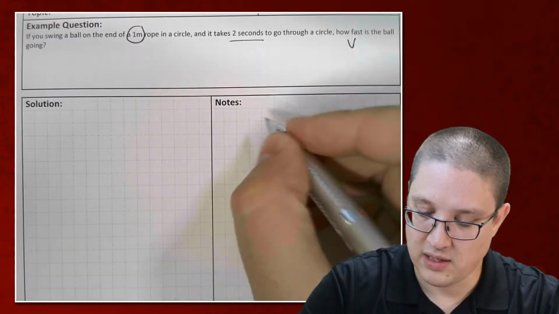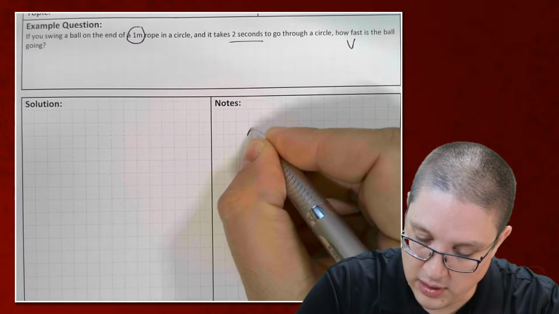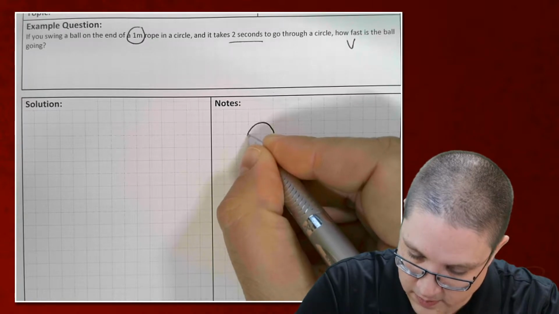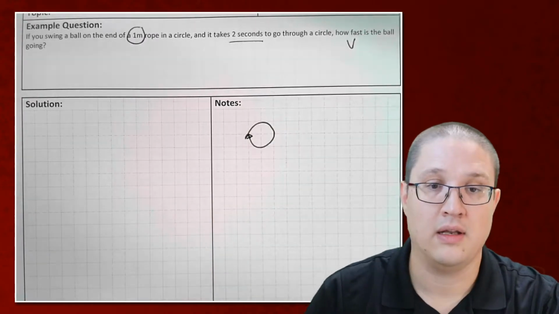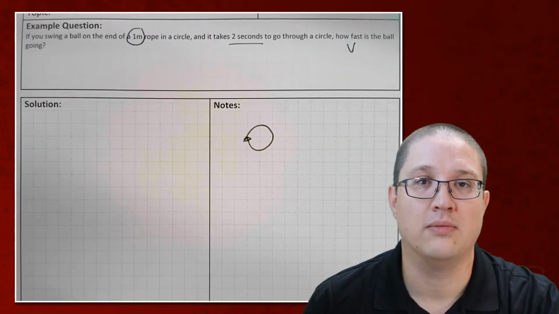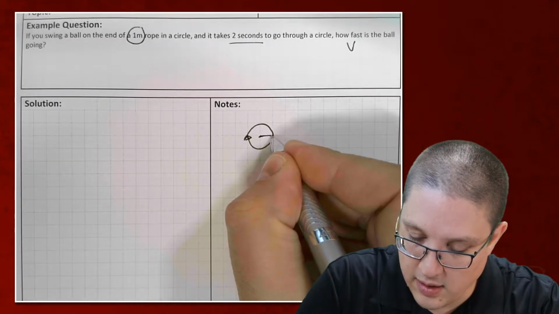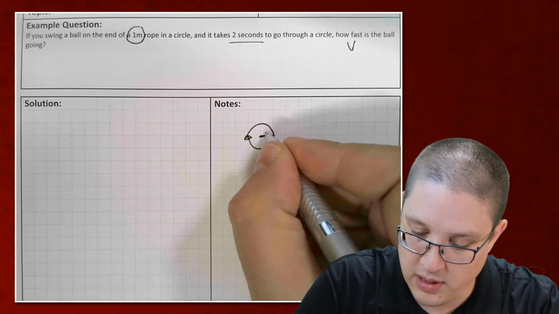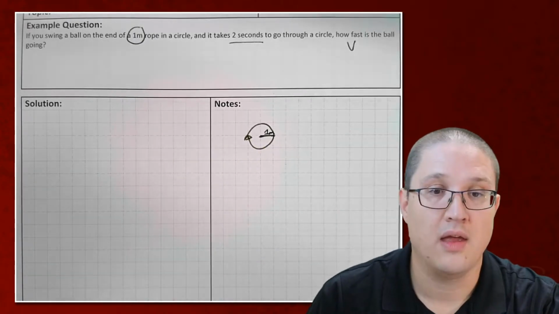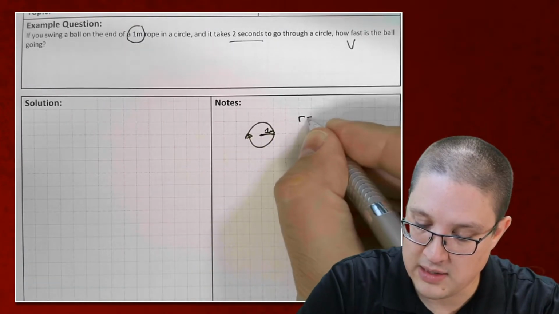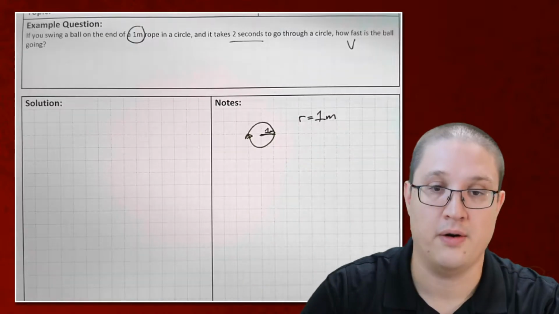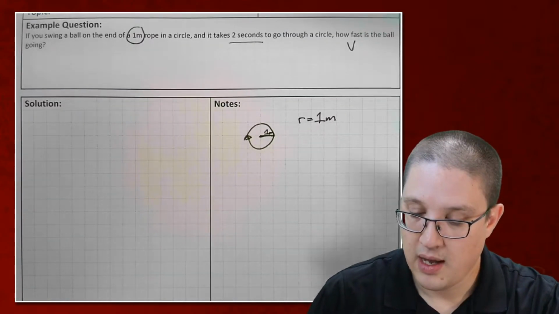Well, if I take a look at this and I say, well, my ball is moving in a circle like that. Ooh, look at that, perfect circle. The length of the rope is 1 meter. That would imply that my radius is 1 meter. Okay?